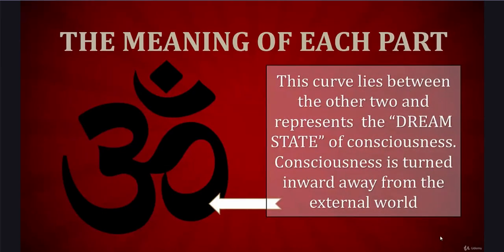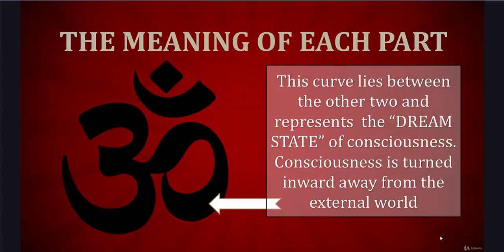Now, what lies between those two states of normal waking consciousness and deep, dreamless sleep would be the common dream state. So every night we go to bed and we have dreams. In this case, unlike the waking state where our consciousness is pulled outside of us into the material world, our awareness is focused inward and away from the external world.